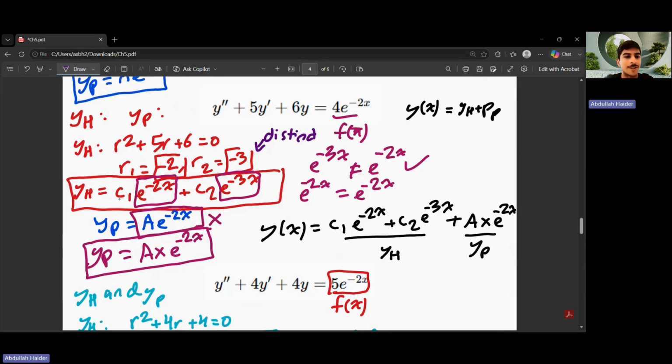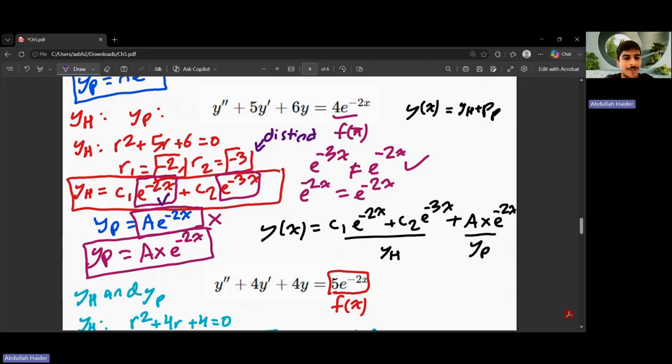So you'll have C1 e power negative 2x plus C2 e power negative 3x. This won't be multiplied by x because these are distinct. And you check if e power negative 2x is appearing in the homogeneous solution. It appears once, which is over here. That is why you multiply yp by x. yp is essentially a x, and then the exponential over here.